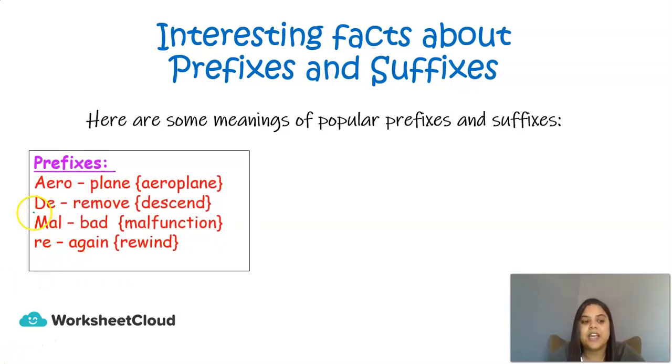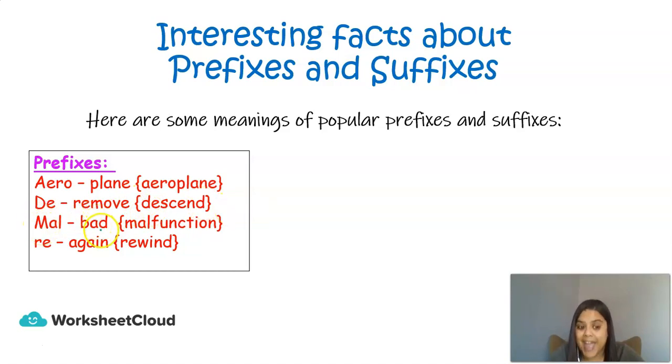Prefixes like aero, de, mal, re. Okay, so aero means air, and if you add it to plane, it's an aeroplane. De means to remove, like for example, descend.